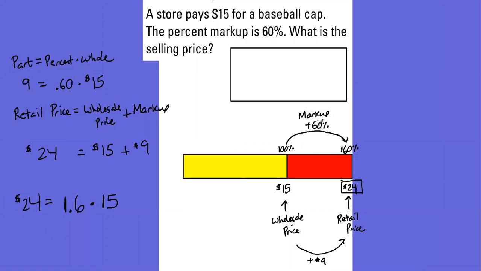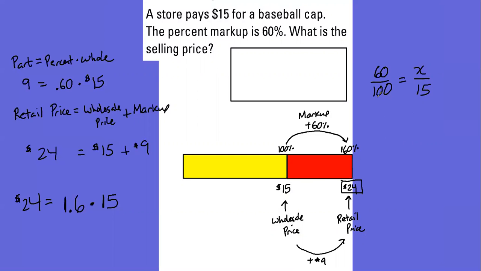Now, one more thing here is that you could think this problem through using proportions. You can say that, okay, well, if I'm marking this thing up by 60%, I'm going to mark it up 60 for every 100 that I start with. So how much am I marking it up? If I'm marking up 60 for every 100, how much am I marking it up for every 15?